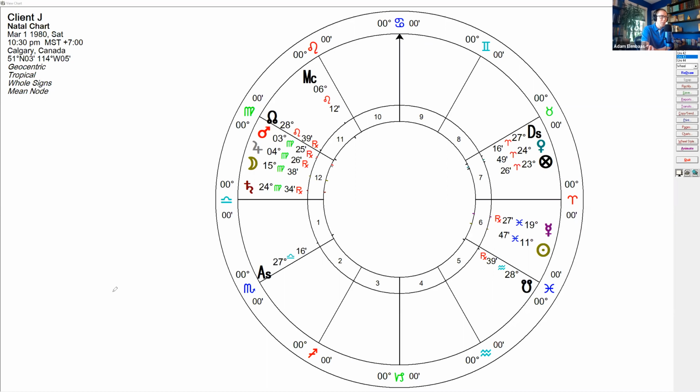So that's an incredibly important place to start. Let's get a sense of how the astrology has been affecting client J as of late, especially in the realm of love, and love and relationships and children, and how all of that has come into the picture.